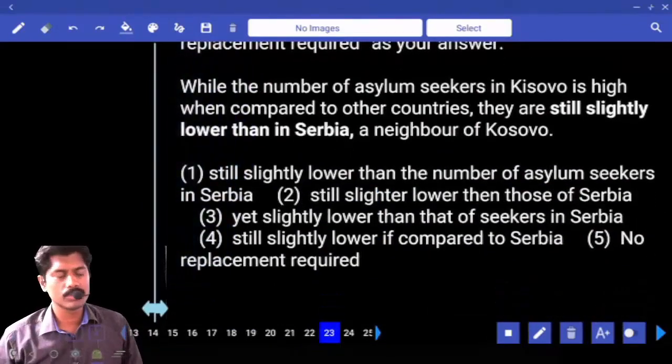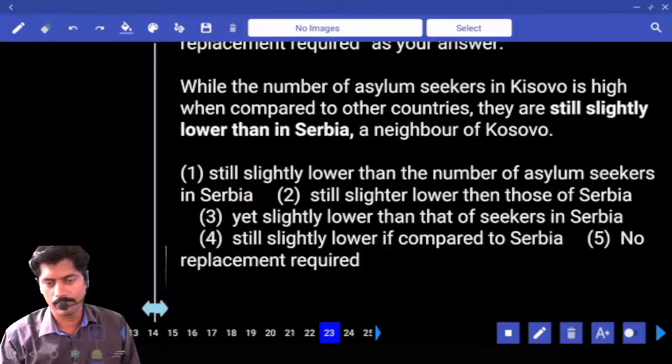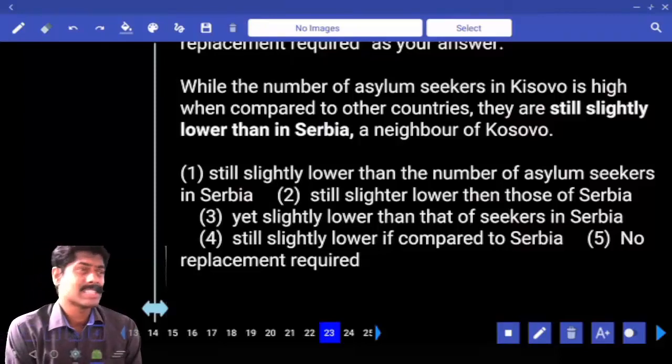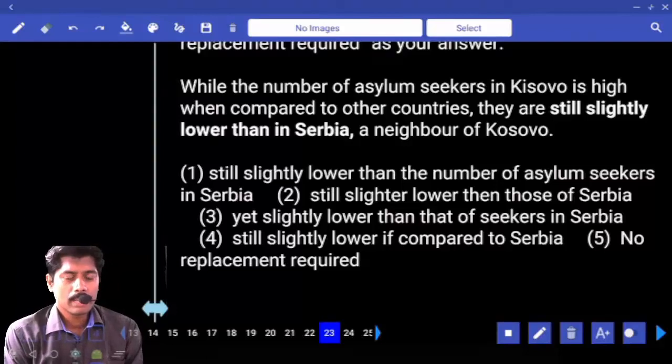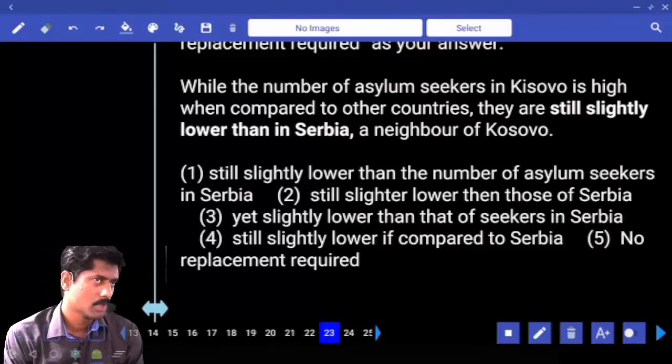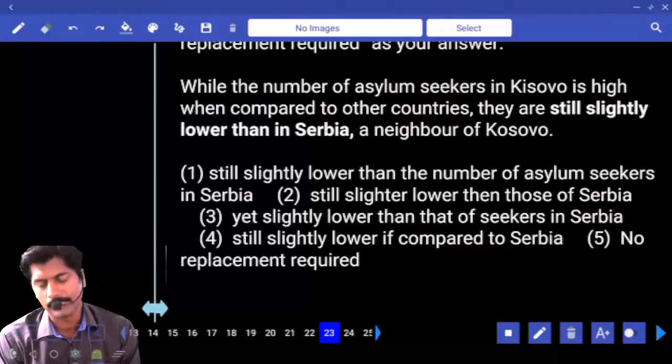Sentence improvement, the bold part must be replaced with the given options below. The number of asylum seekers in Kisowa is high. Asylum seekers, do you know asylum? What is asylum? A mental rehabilitation center is called asylum. Mental hospital is also called asylum. Or protection is also called asylum.